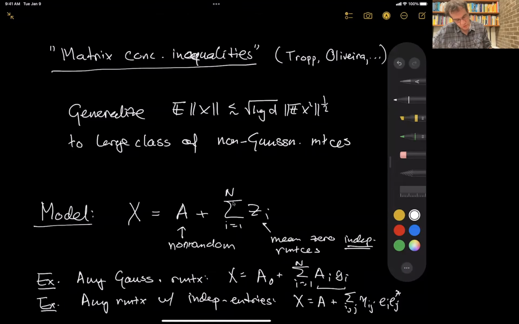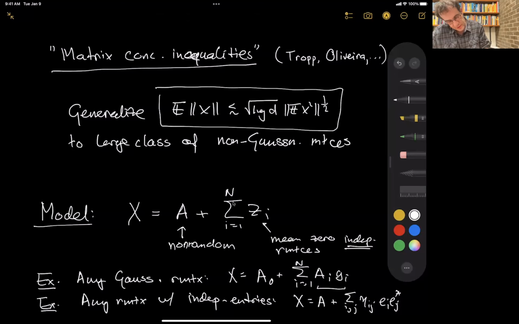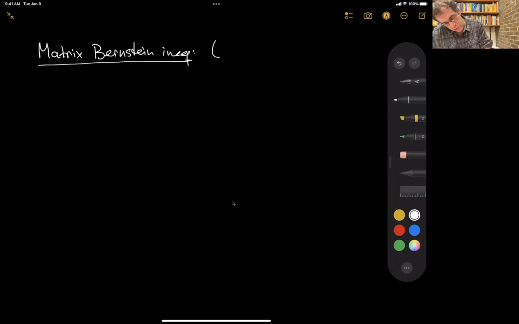So what can you show about such random matrices? I'm going to write down the simplest extension of this inequality to this larger class of random matrices. This is a form of the matrix Bernstein inequality, in this form due to Oliveira and Tropp.